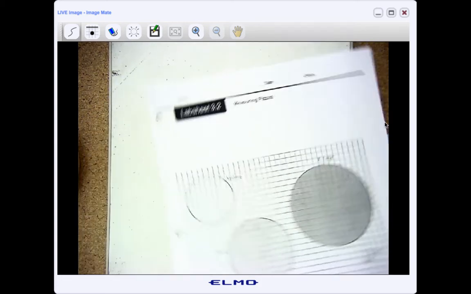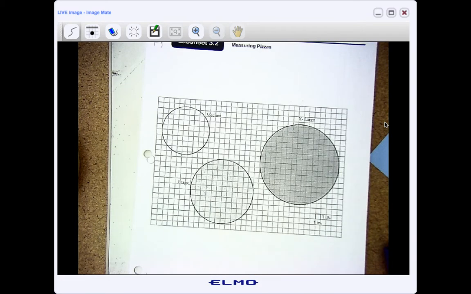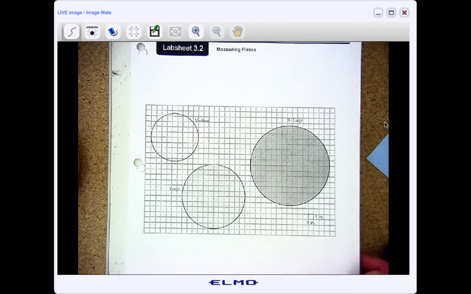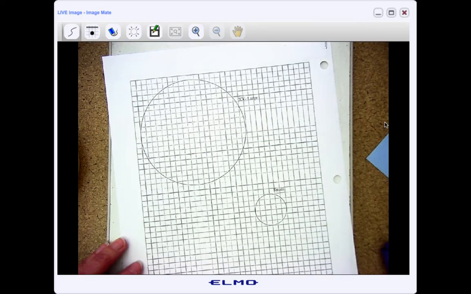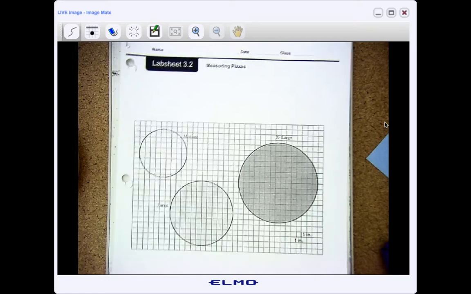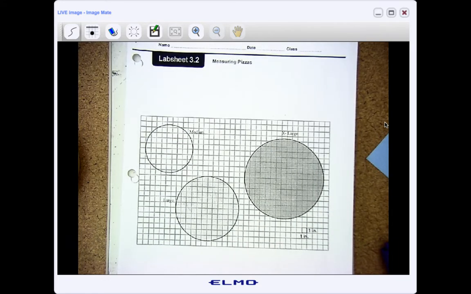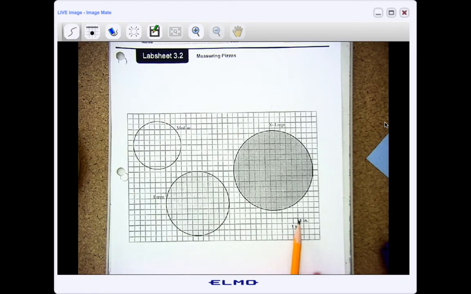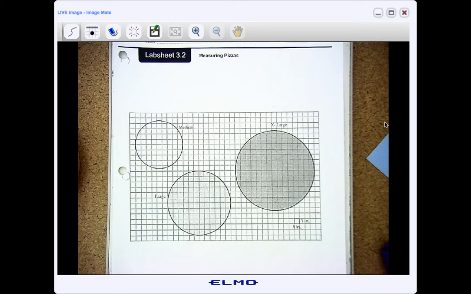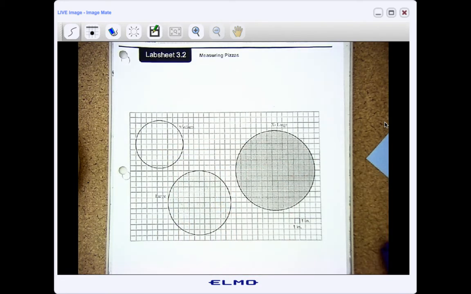So what I want you to do is take this lab sheet like so. I put some pizzas on the front and the back. I know these are really not to scale, but part of the question is, if this were a square inch and they were some different size pizzas, how much area would you get from these different size pizzas?